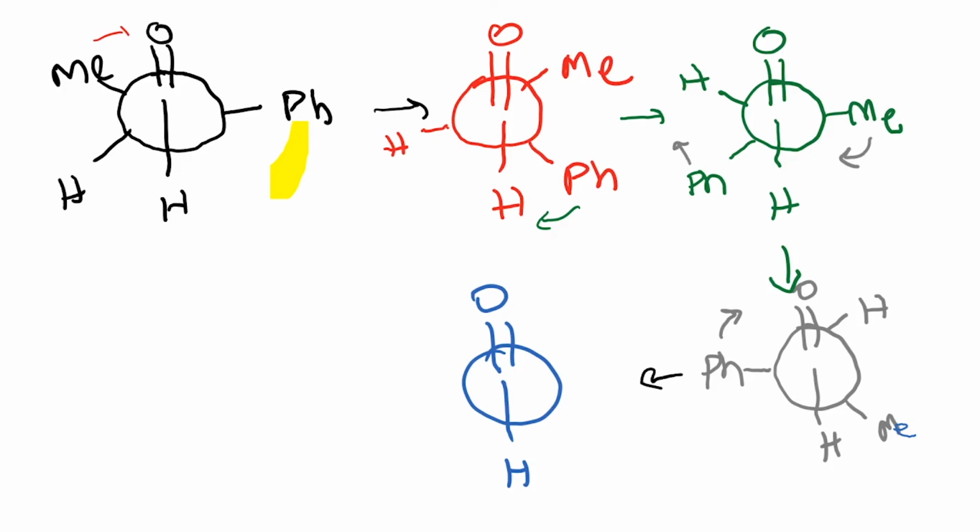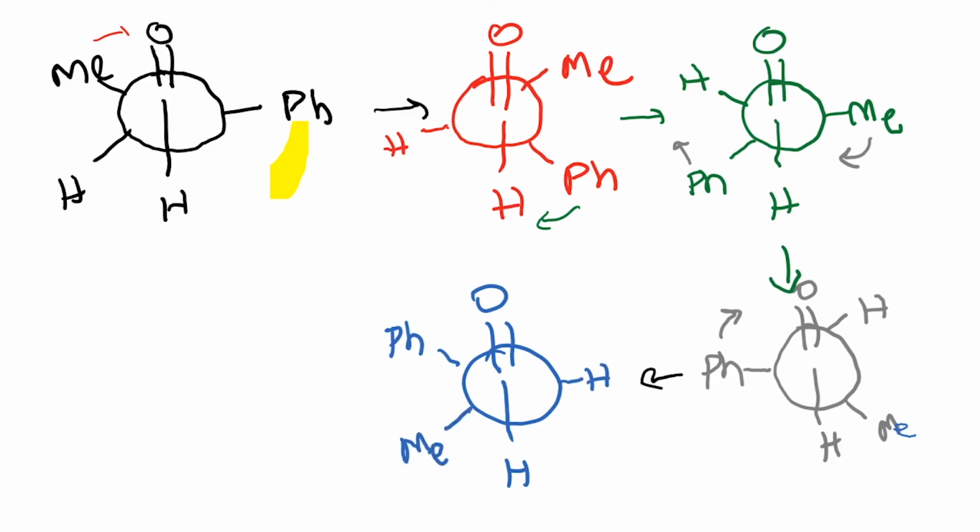So here is the C double bond O, and when I do a rotation of the phenyl, then the phenyl ends up here, Ph, okay, and the hydrogen is now perpendicular to the carbonyl and methyl is over here.